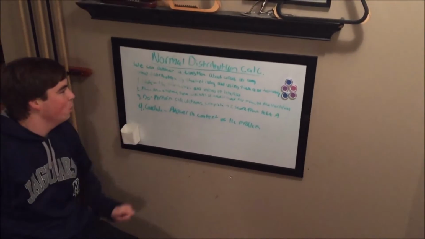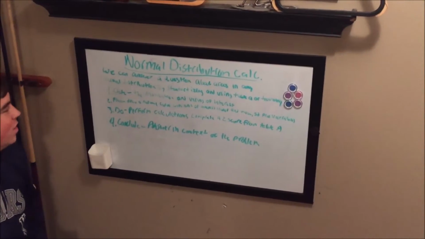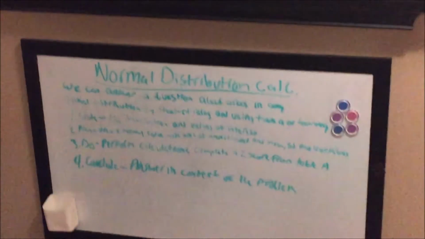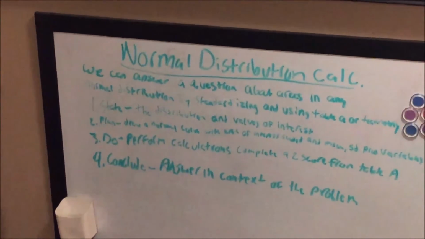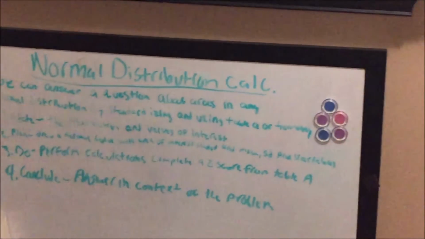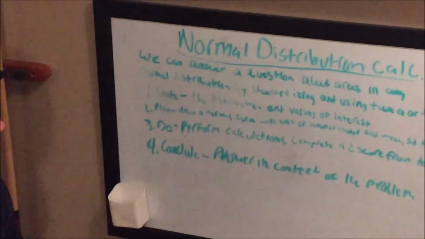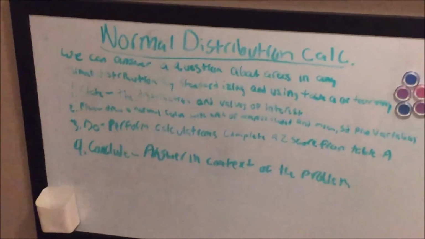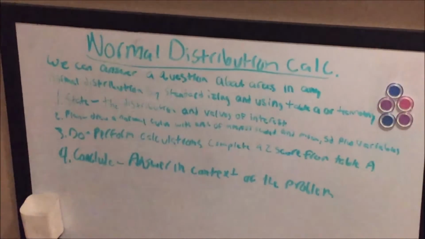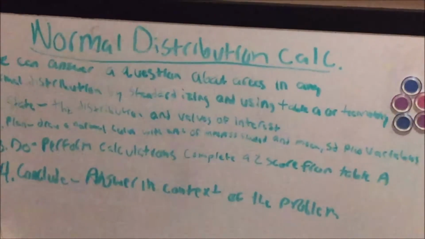So now we're going to do normal distribution calculations. We can answer a question about areas in any normal distribution by standardizing and using table A or technology. There are 4 steps to this, called the 4-step process. Number 1 is state, where you state the distribution and values of interest.